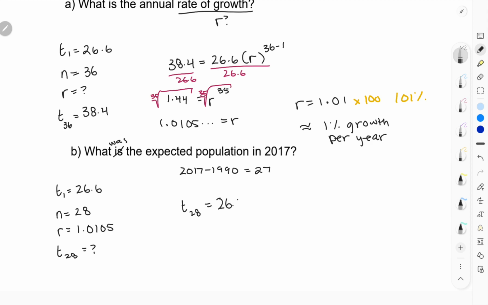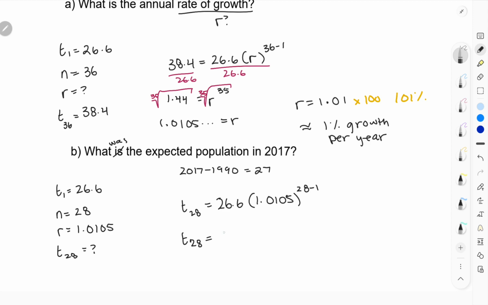So I'm going to take 26.6 times 1.0105. And again, in my calculator, I'm going to take that full string of decimals, the 1.010545, blah, blah, blah. And then 28 minus 1, or 27 years in advance. So I take the number in my calculator, I raise it to the power of 27, and then I multiply the result of that by 26.6.